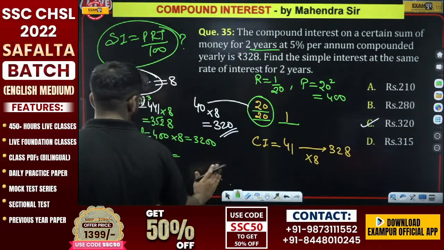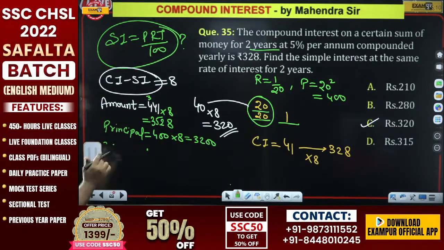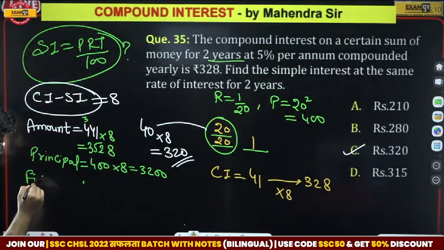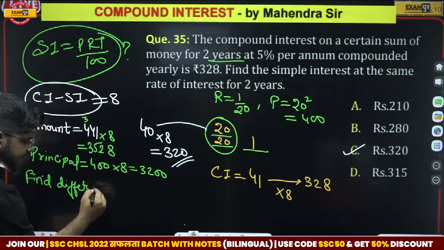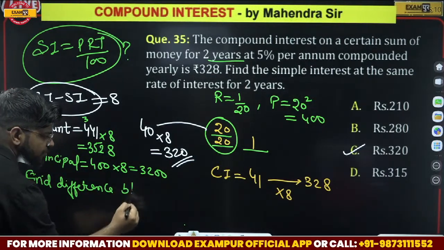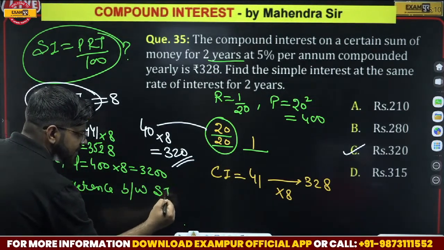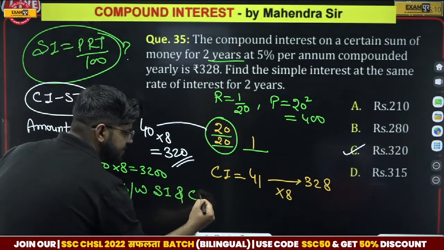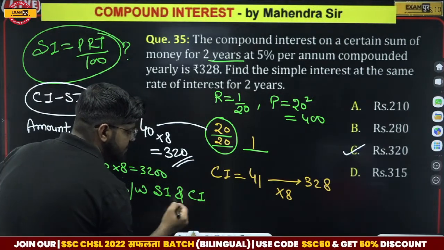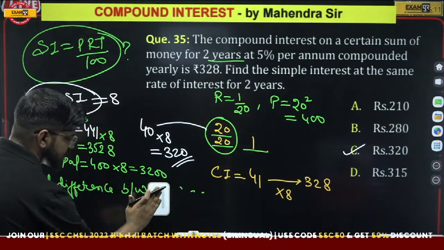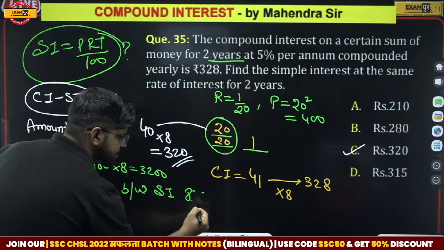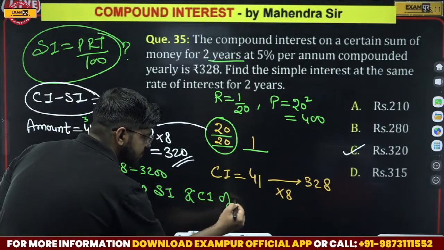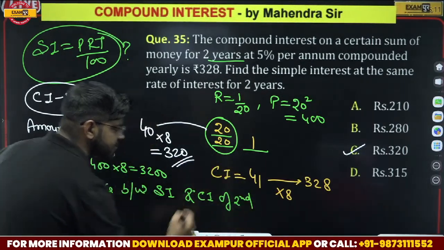Okay, they can also complicate this. Find the difference between SI and CI of the second year. Tell me the answer of this.